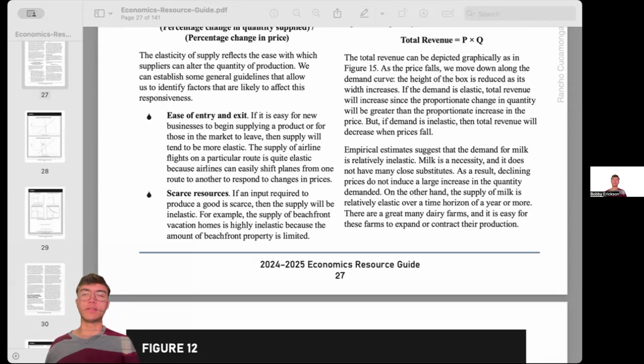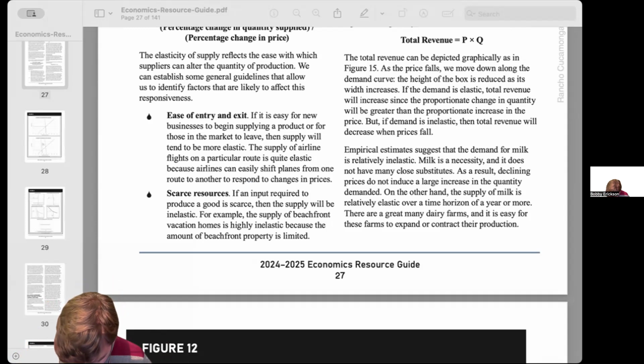So I'm going to say that again because this is important. Elastic demand. So you have this demand curve here, where along each point you have a price and a quantity that a person is purchasing, right? If you have elastic demand, then as you go down, you are going to have an increasing amount of revenue, because the change in quantity is greater than the proportionate decrease in price here.